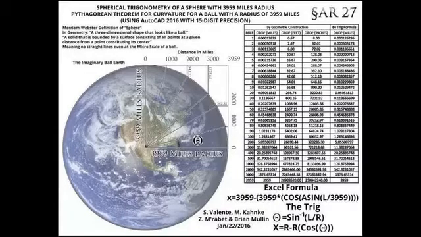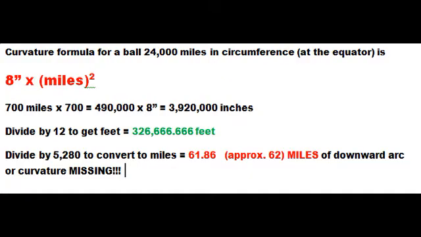12 inches, they say. Well, in actuality, it drops 12 inches, whereas, according to our math formula for curvature on a 24,000 mile circumference ball, there's a drop of 8 inches per mile squared, which would be 700 times 700, which is 490,000, times 8 inches. That's 3,920,000 inches divided by 12 to give us feet.